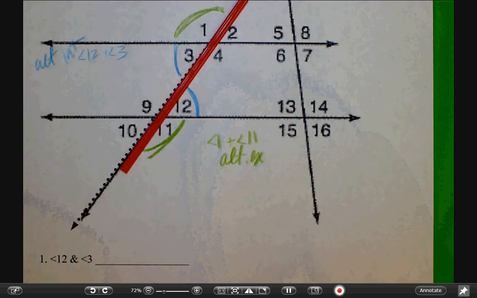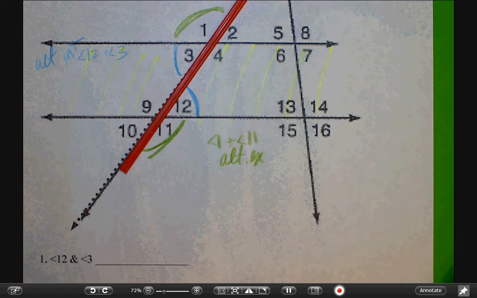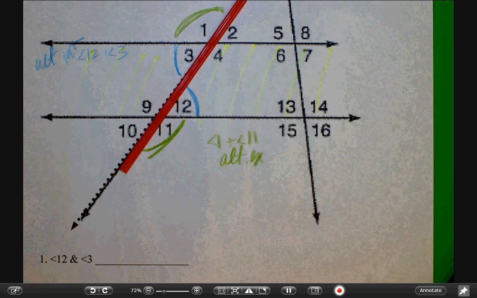They're outside of the lines, but on either side of the stir stick. Inside would be between the lines that are crossed by the transversal. So 1 and 11 are outside. That's why we say it's exterior.